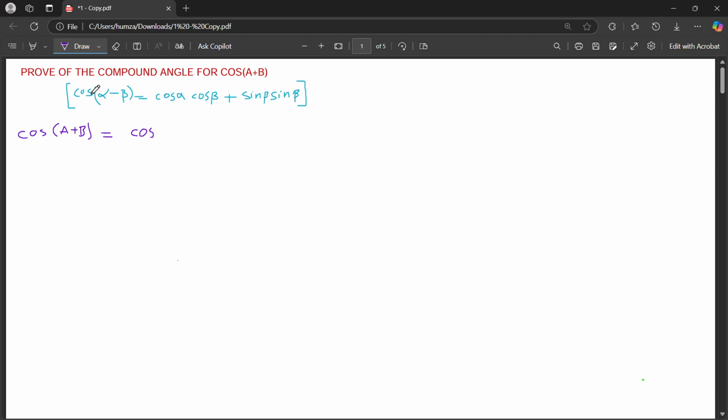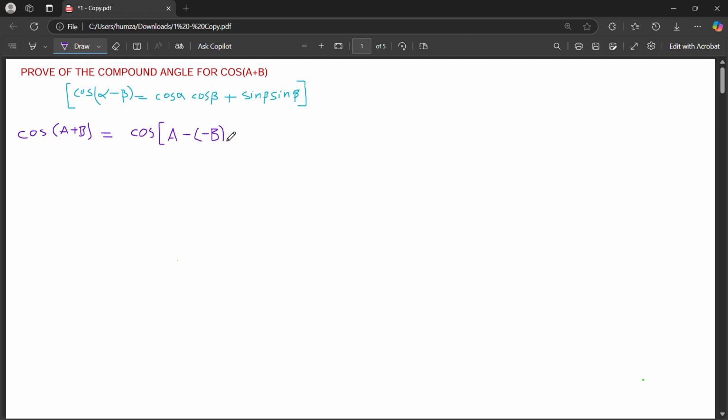Then we use the same rule, repeat the pattern, cos, sin, then alpha goes with 1 cos and 1 sin, beta goes with 1 cos and 1 sin, and then negative changes into the positive outside the bracket. So we have to first rewrite this. Cos(alpha plus beta) will become cos(A minus and then minus B).